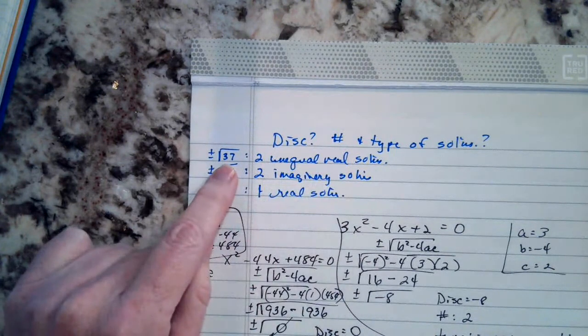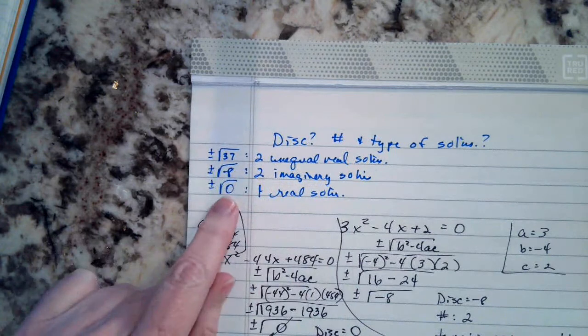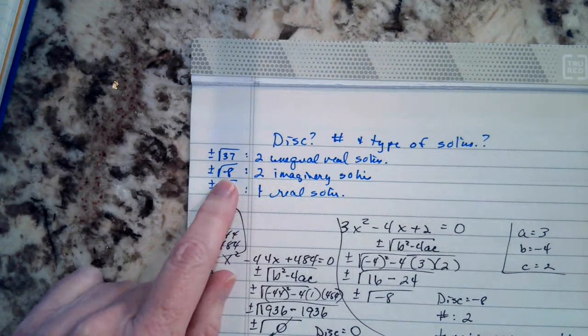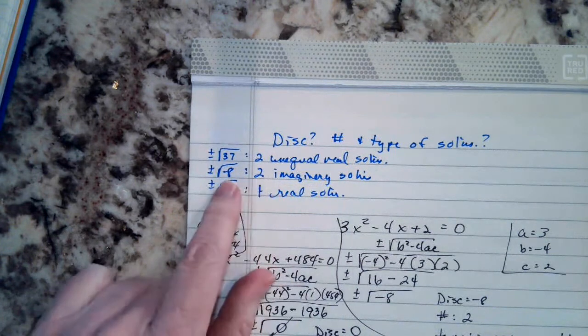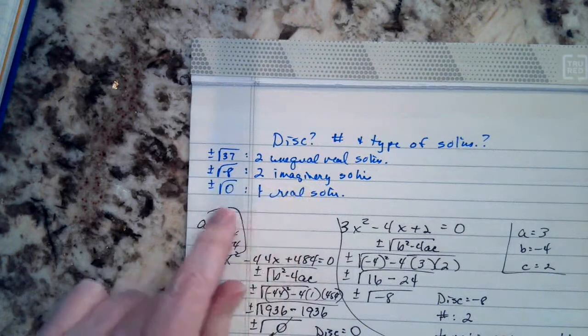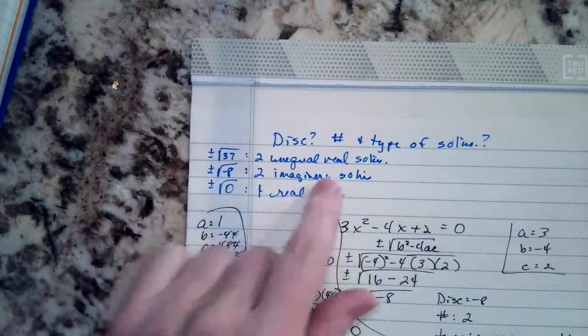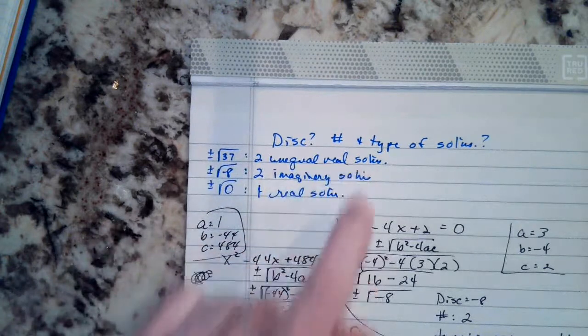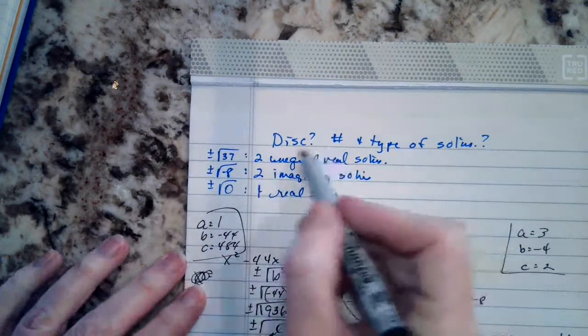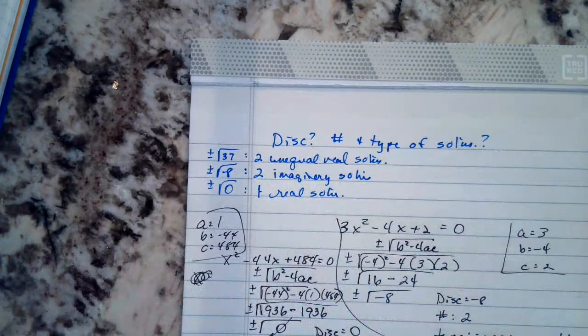So we'll be able to find these on the number line. We can find 0 on the number line. This we cannot find. So with a negative, you'll get two imaginaries. With a 0, you'll get one real. Anything else, you get two unequal real solutions. So these are the choices that you will see at MyMathLab.